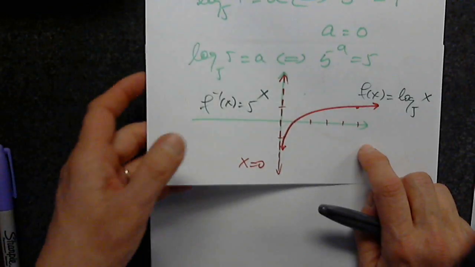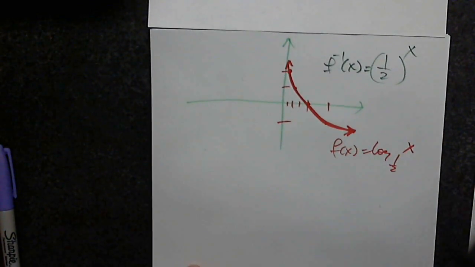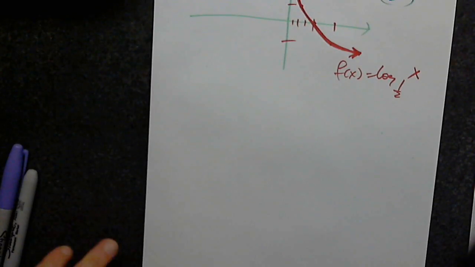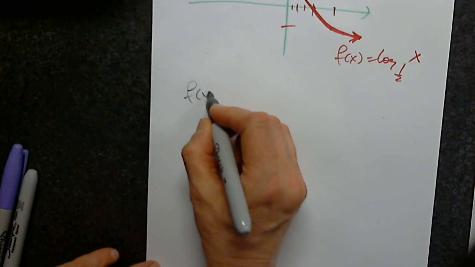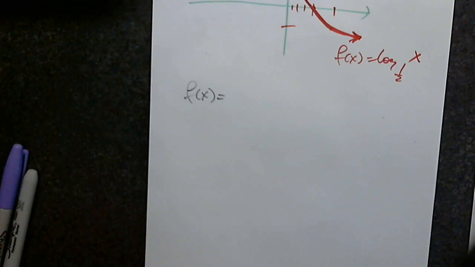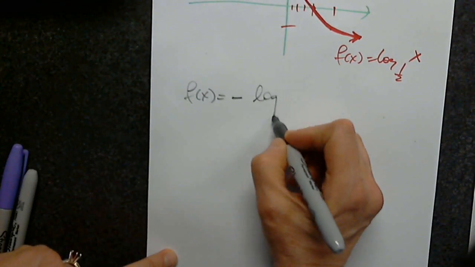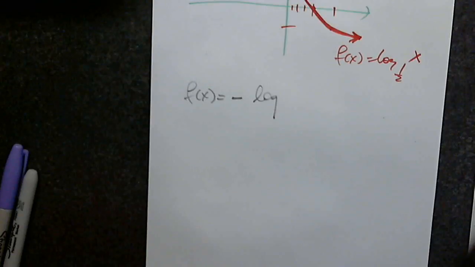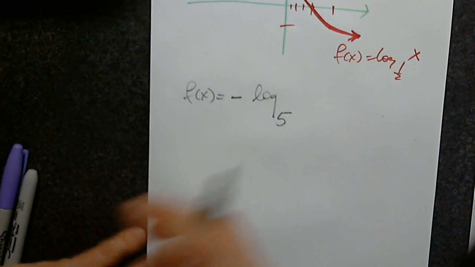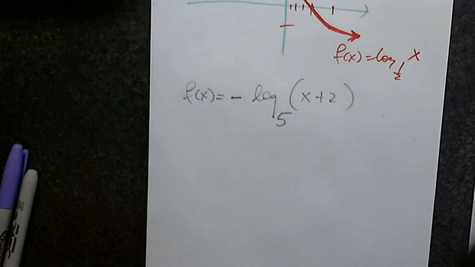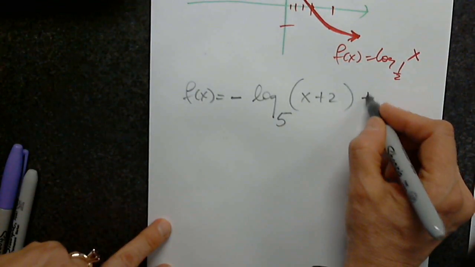I would like you to invent a log with transformation so we can graph it. Okay, I'm going to say negative log, give me a base, 5, of x plus 2, let's say plus 2.